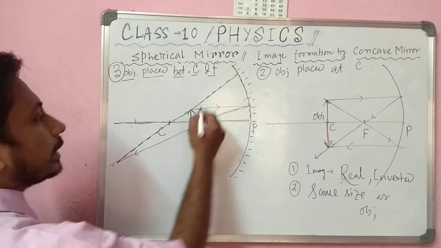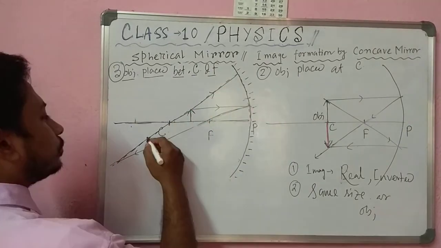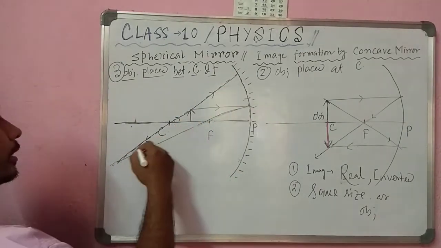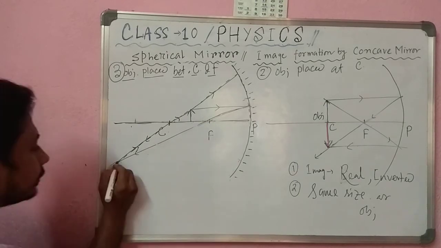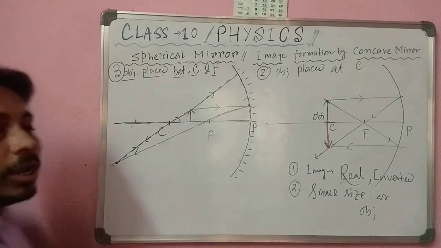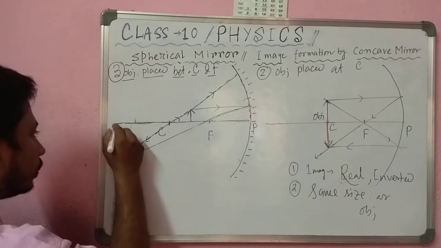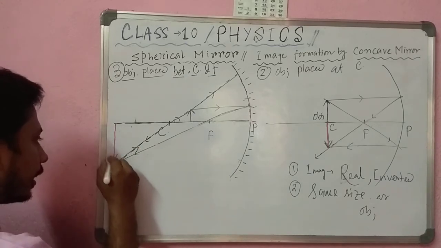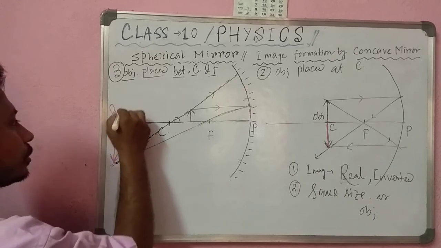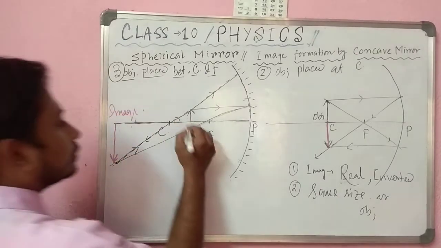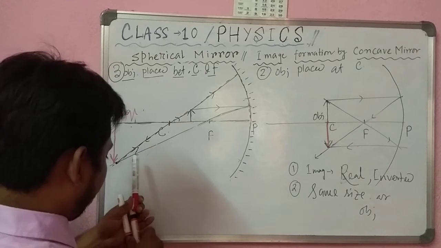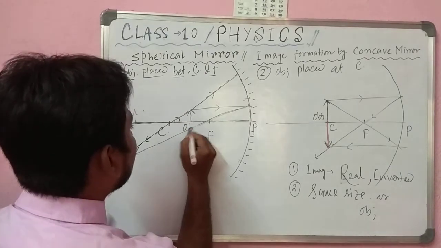If it passes through the center of curvature, it will come back along the same line. So here is the intersection. At the intersection, we can draw the image, here I use red color. This is the image. This is your object.